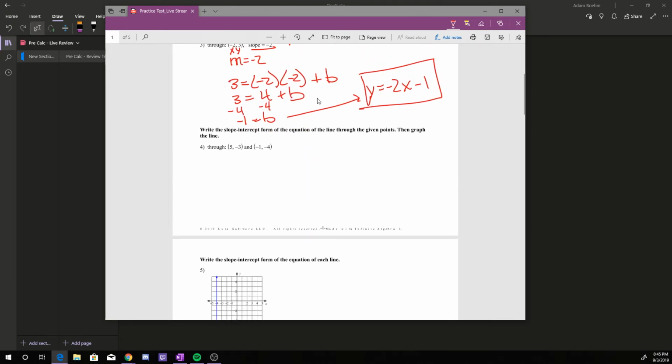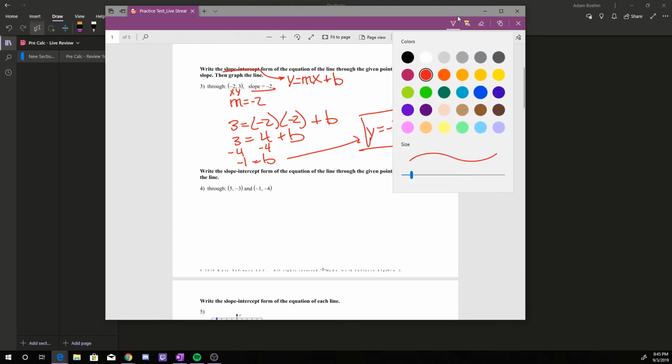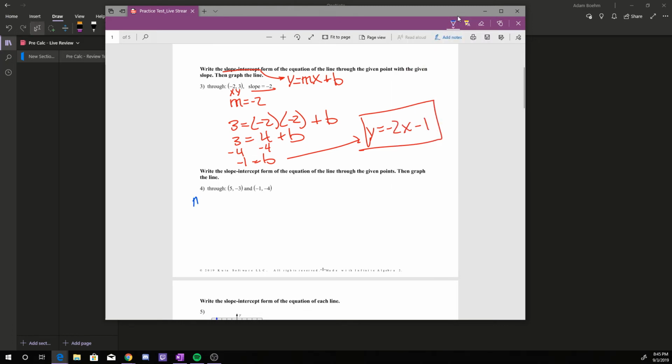On number 4, instead of just explicitly being given the slope, you have to find it. So in order to find slope, you take the difference in y's over the difference in x's. And I would label this one x1, y1, and x2, y2.